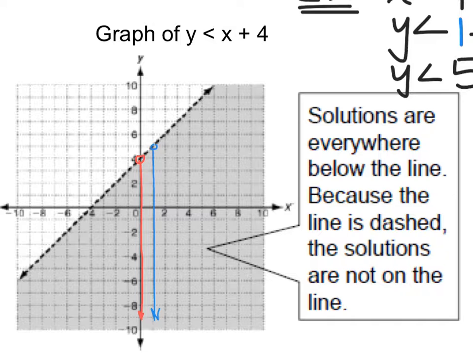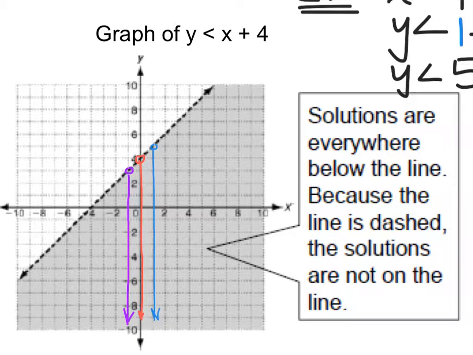If I did it for negative 1, I'd get a 3. Open circle at 3 going down. But all those decimal values would exist too. I could do it at 0.1, 0.2. I could do it at 4.37, all these different possibilities.